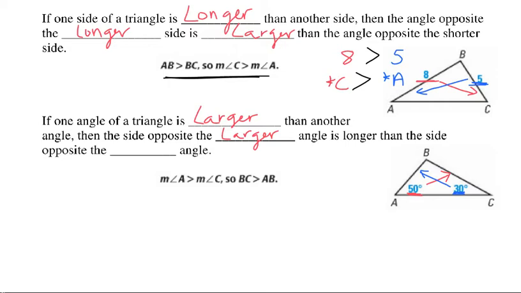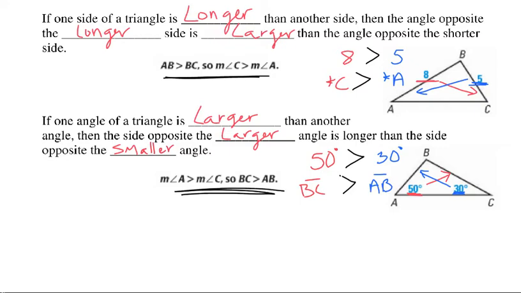So in my picture again, the 50 degrees is bigger than the 30, which means that the side that's across from each of those, so that would be BC for my 50 and AB for my 30 degrees, I color-coded it again, those sides also correspond the same way. So since the 50 goes with the BC, I know that BC has to be larger than side AB just based on the angles.